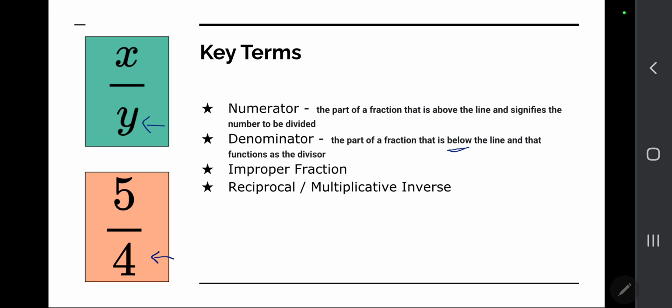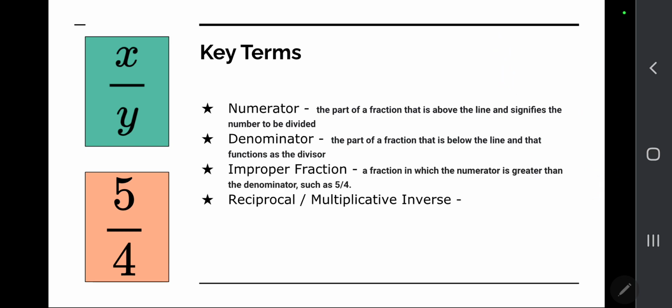All right, let's look at the next term here. An improper fraction. A fraction in which the numerator is greater than the denominator is called an improper fraction. So 5 over 4 is an example of an improper fraction.